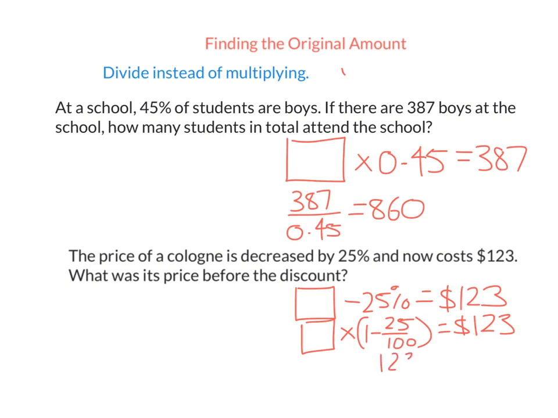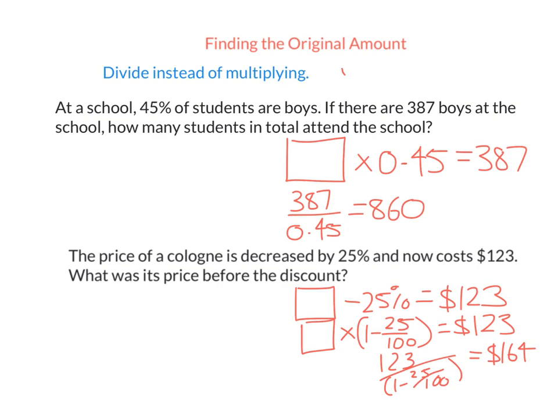So on my calculator, I'm going to put 123 divided by 1 minus 25 over 100. I get 164. That makes sense. The answer I get should be more than 123. See, if I take 164 and decrease by 25%, I get 123. That's why the original price was 164.